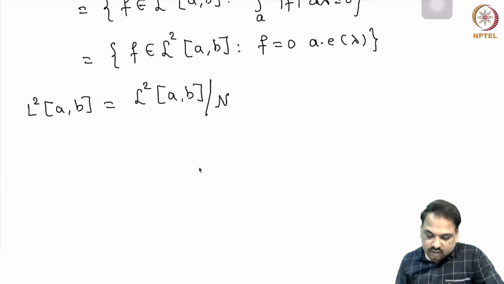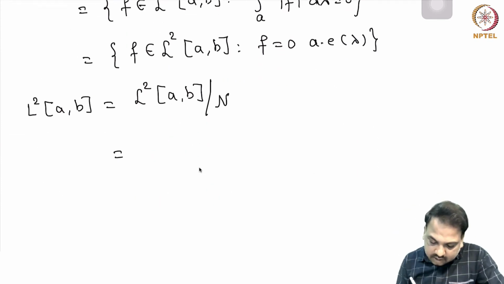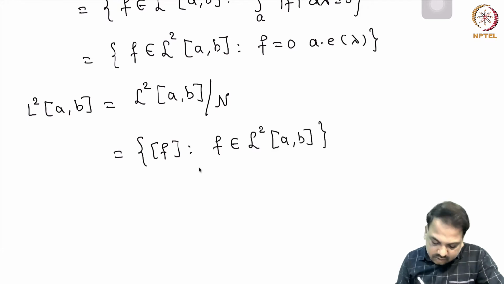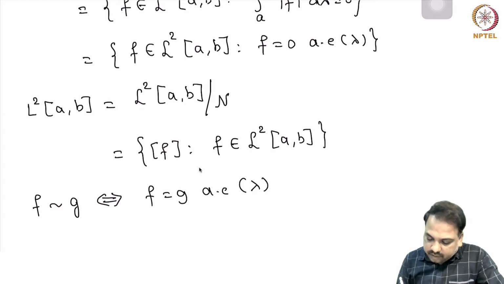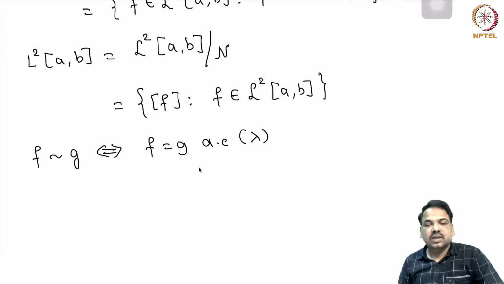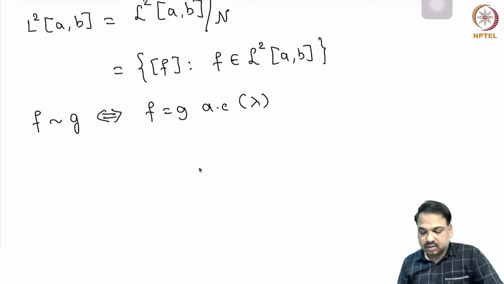So this consists of equivalence classes of functions where f is coming from script L2[a, b]. Here f is related to g if and only if f equals g almost everywhere with respect to the Lebesgue measure, or f minus g equals 0 almost everywhere with respect to lambda.